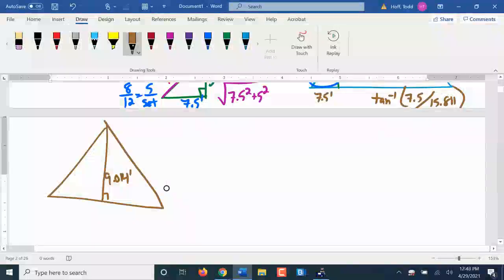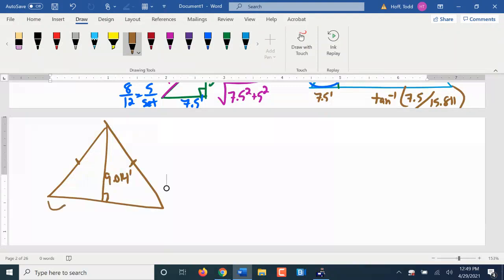Since these two sides have to be the same, if we bring that straight down, it's going to hit this at a right angle, and it's going to cut our span in half. So this will be 15 feet and 15 feet. So now we can use that to find this angle. I'm looking at just this right triangle here.